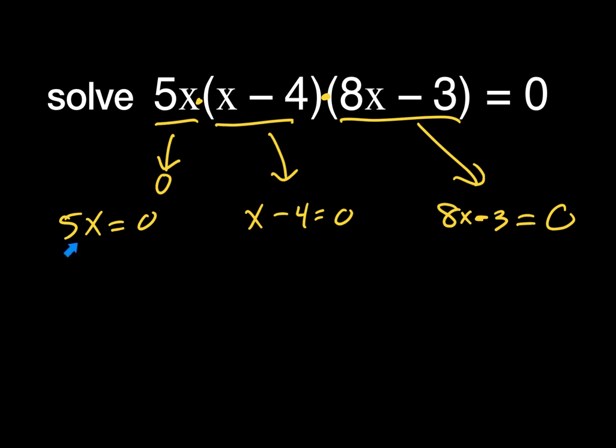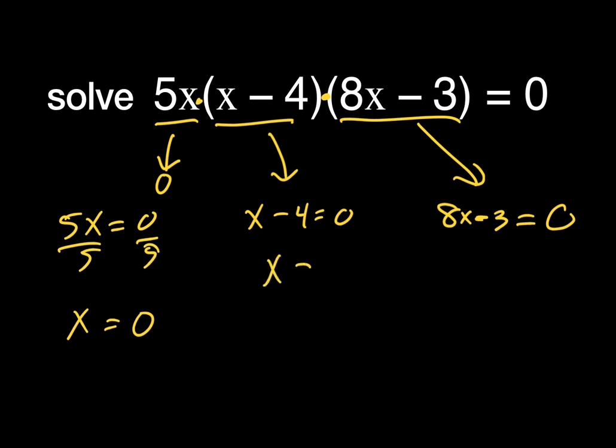All right, so 5 times what number is 0? Or I divide both sides by 5, either way you think about it. If I divide by 5, x equals 0. Remembering 0 divided by a number is 0, but we can never ever have 0 in the denominator. Those are my impossible values.